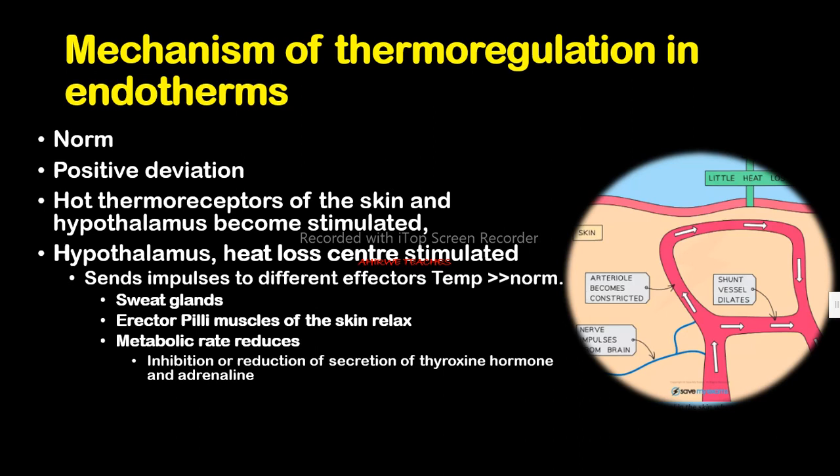You will inhibit these two hormones, the adrenaline and thyroxine hormone, so that the rate of metabolism reduces, decreases. And so little or no heat is produced internally. Hence, you're not replacing the heat that you are losing. Hence, the body is going to cool down and everything becomes okay.